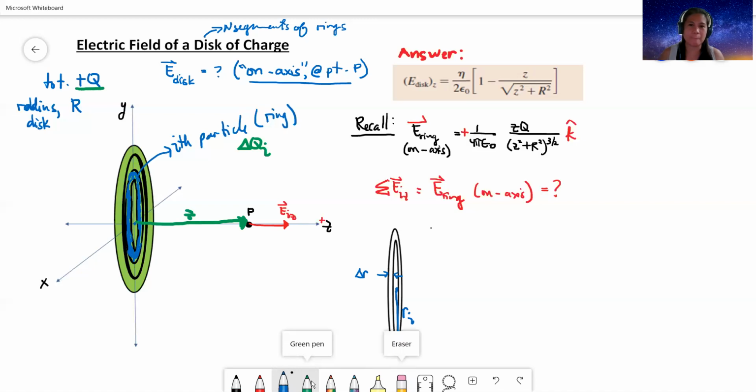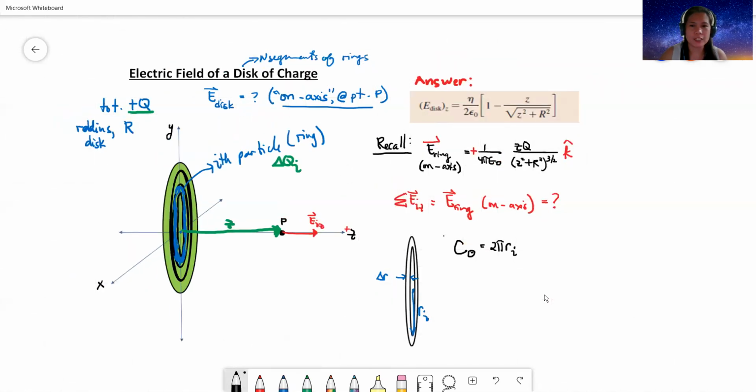Take note of that. Since this is a circle, we know that the circumference of a circle is 2 pi times the radius, R sub i. We need this later as we unroll the circle and take the area of the ring. So that's clear now.